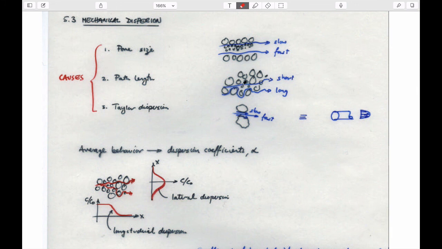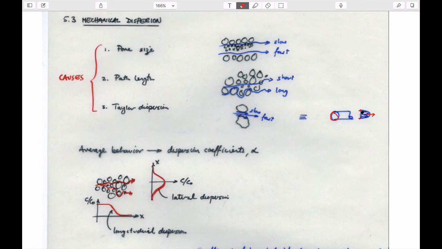If you have mixing that goes in different flow paths as it weaves its way in tortuous flow versus less tortuous flow, you'd also expect to get different kinds of mixing. And even at the microscopic level, if you think of a pore throat as being a tube, we know that a tube has zero velocity at the edges and a maximum velocity at the center.